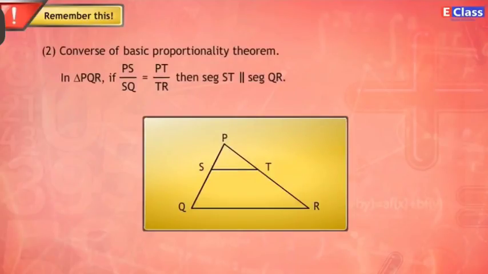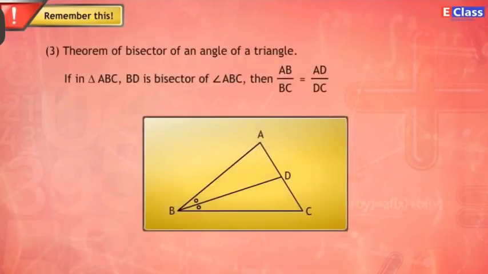In triangle PQR, if PS upon SQ is equal to PT upon TR, then segment ST is parallel to segment QR. 3. Theorem of bisector of an angle of a triangle. If in triangle ABC, BD is the bisector of angle ABC, then AB upon BC is equal to AD upon DC.